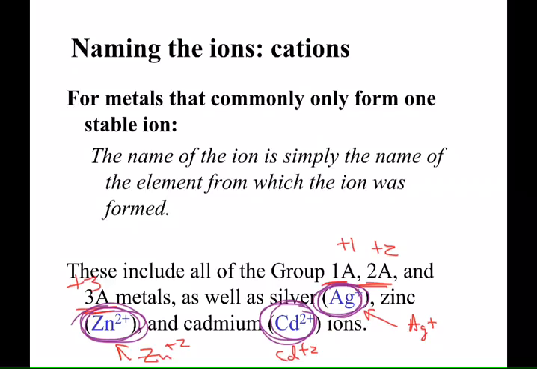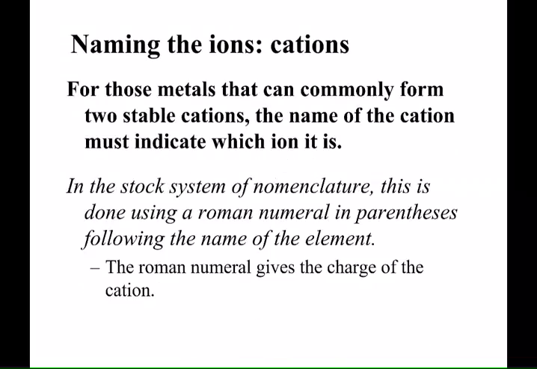Now life is a little more interesting for the metals that can form more than one cation. So if I pick on iron, remember we looked at iron forming a +2, Fe+2, and we looked at iron forming a +3. These are unique. For instance, if you crisscross, you're going to need different numbers of anions because of this charge.